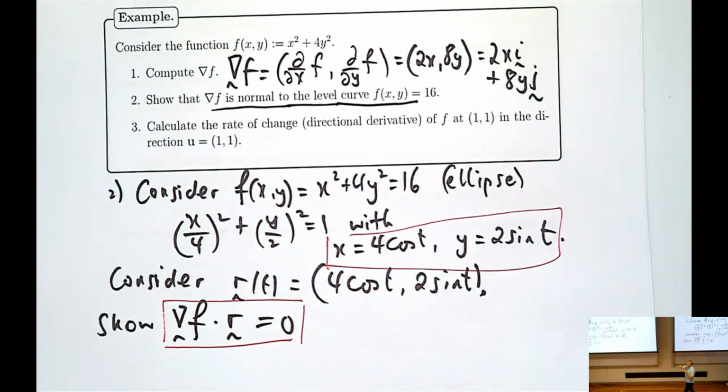And this is on the ellipse. So in our original grad f, we want to replace x with 4 cos t, y with 2 sin t. We're only talking about points on the ellipse, not anywhere else.